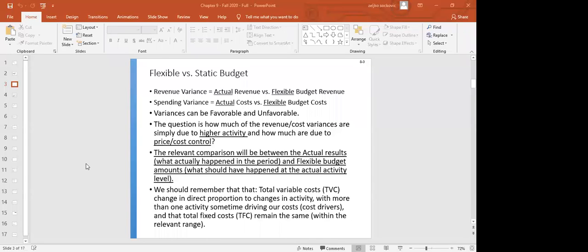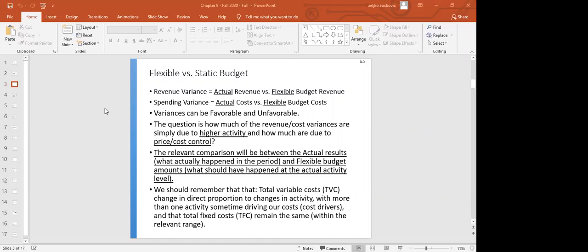So the way I like to say this is the flexible budget is a combination between reality and fiction, in a sense. Fiction, as much as the planning budget is a fiction, right? The planning budget is something that we just imagine. It's based on some past things.